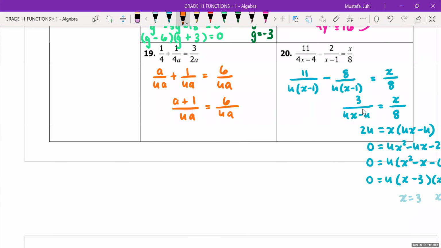I will go ahead and cross multiply. So this is going to be 4a times a plus 1 is equal to 6 times 4a. Okay, this will give me 4a squared plus 4a is equal to 24a.